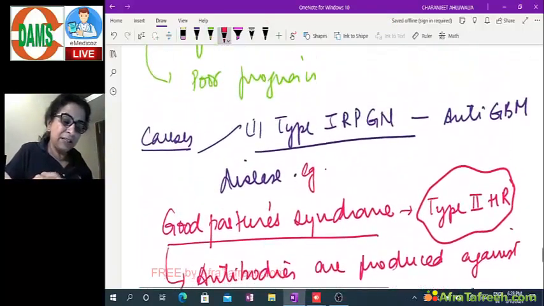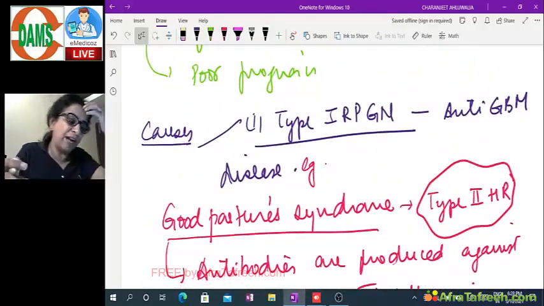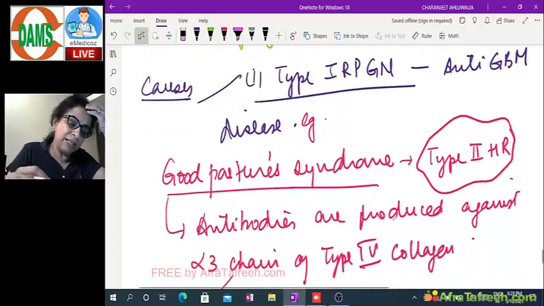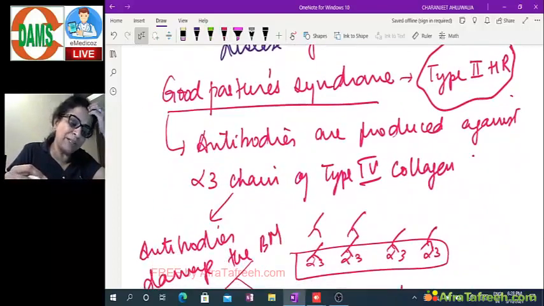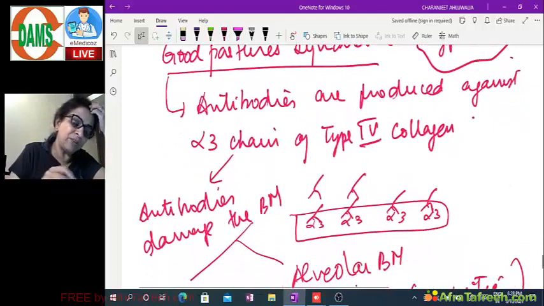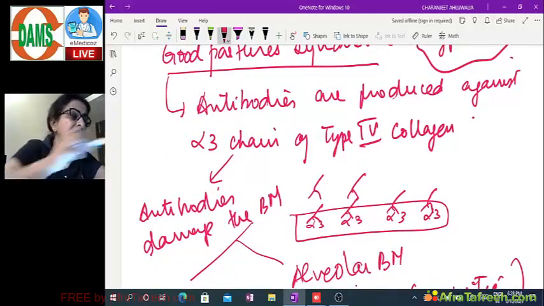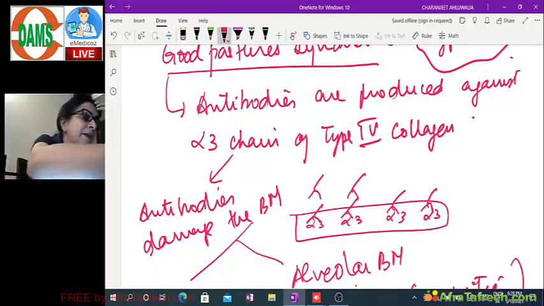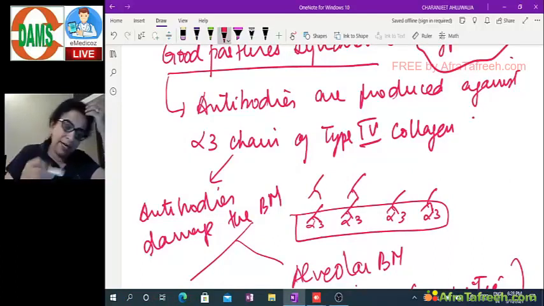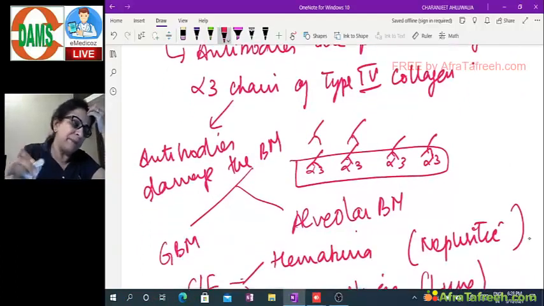So this is type 1 RPGN, in which we have anti-GBM antibodies. This is seen in Goodpasture syndrome, which is a type 2 hypersensitivity reaction. Antibodies are produced against the alpha 3 chain of type 4 collagen, attach to it, and damage the basement membrane of the kidney.